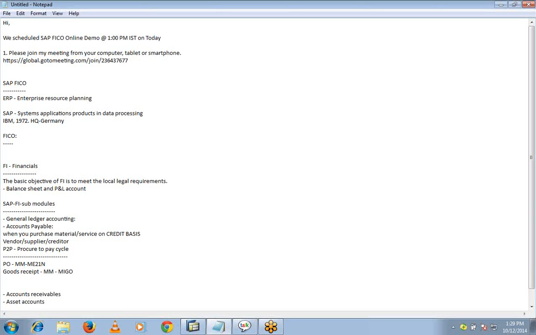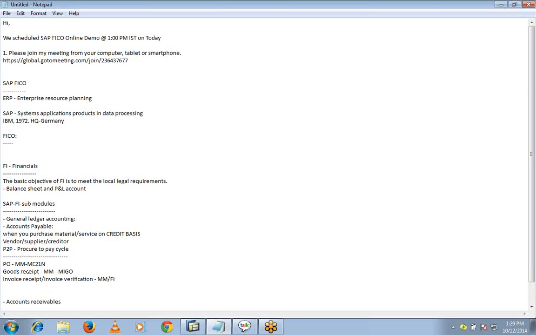Once the goods receipt is done, we go with the invoice receipt or invoice verification, which is done by the FI people.